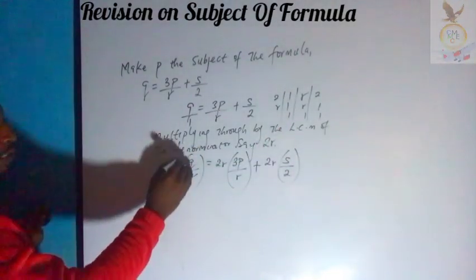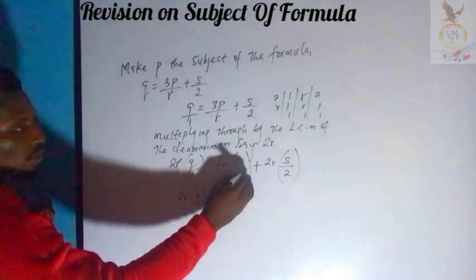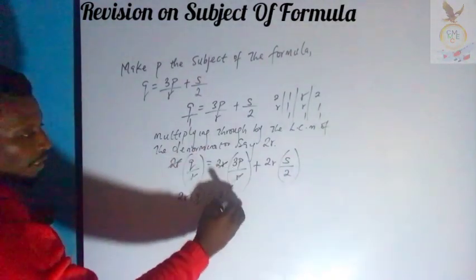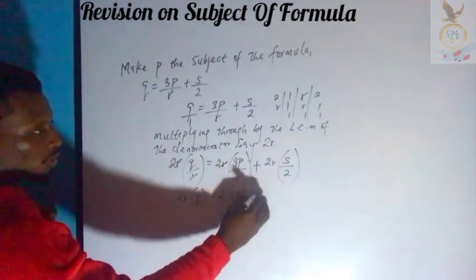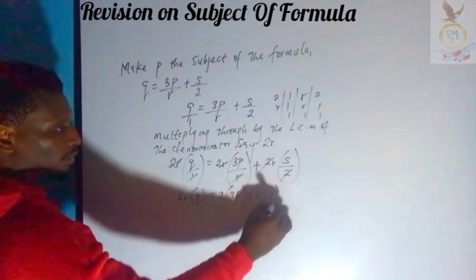So 1 divided by 2r, inside the bracket we are having q. r divided by 2r, leaving us with 2, inside the bracket we have 3p. Plus 2 divided by 2, leaving us with r, inside the bracket we have s.